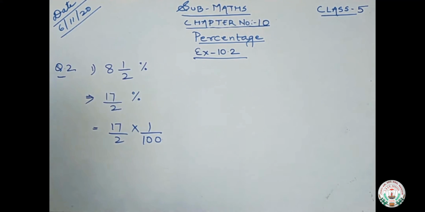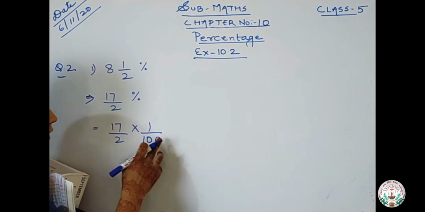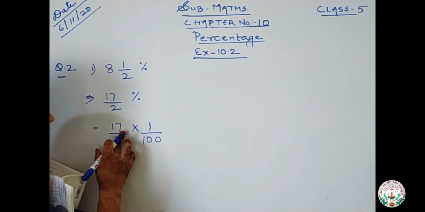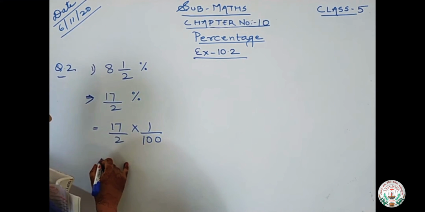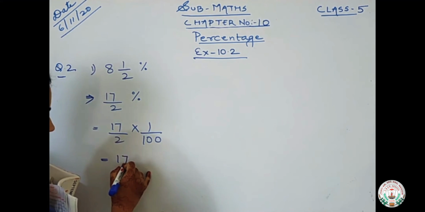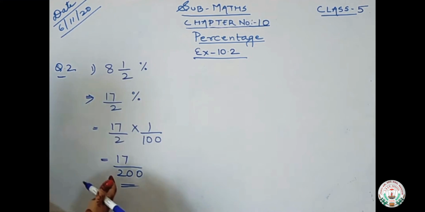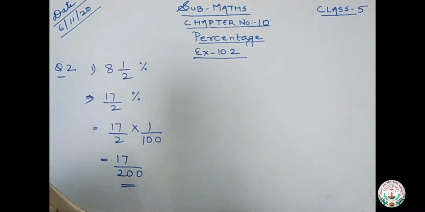So you can see here this can't be cancelled out. 17 does not come in the table of anyone, and 100 we can't cancel with the same table. So we will just multiply and write 17 into 1 is 17 upon 2 into 100 will be 200. So our answer is 17 by 200.